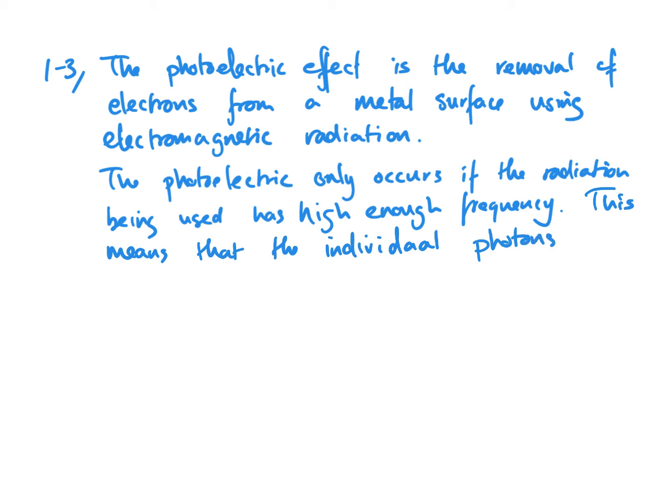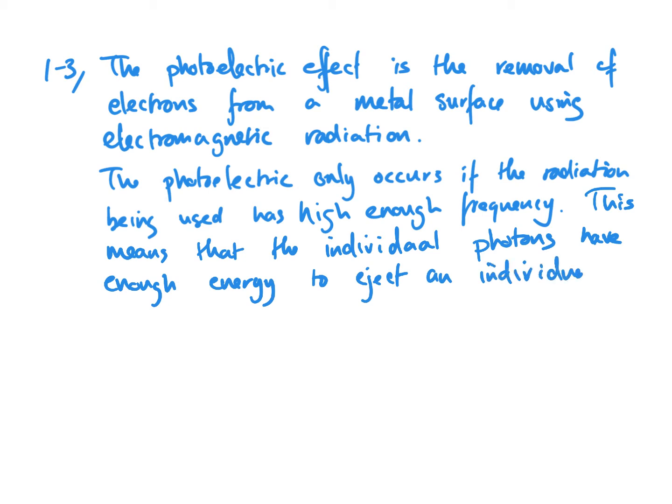And each of those particles of light then carries a certain amount of energy. And what this means, if the photoelectric effect is occurring, is that the individual photons have enough energy to eject an individual electron. So only one photon can act on an electron at a time.